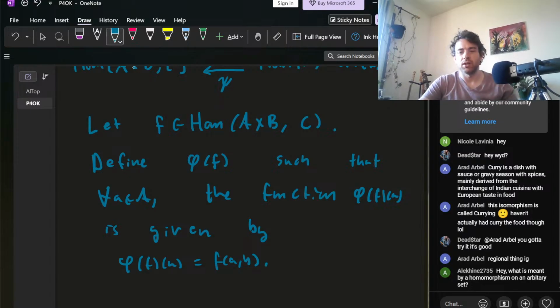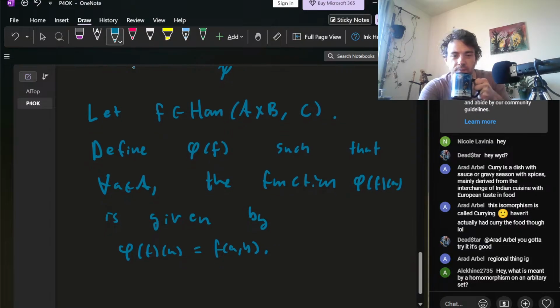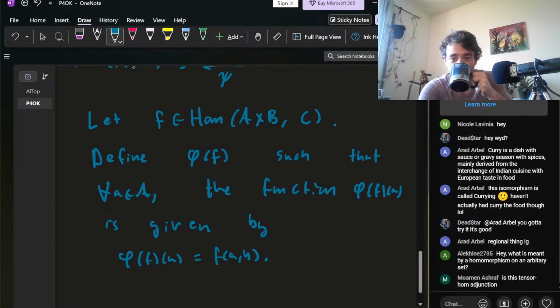Right. And there's not so much to prove in this case because that is a function between the prescribed domain and codomain.